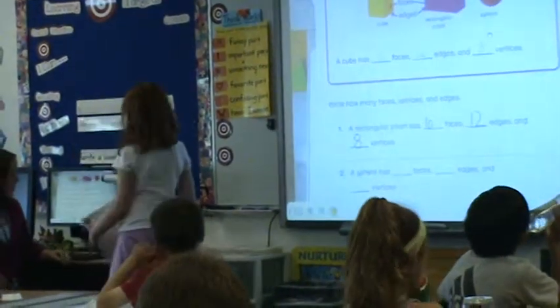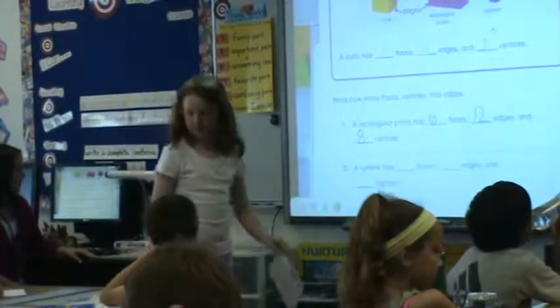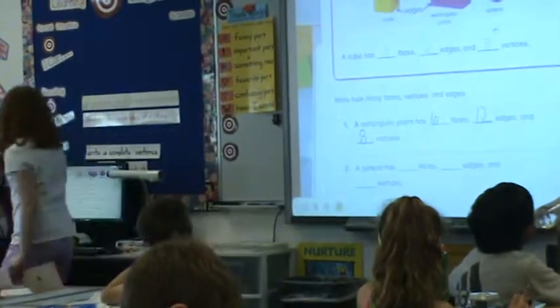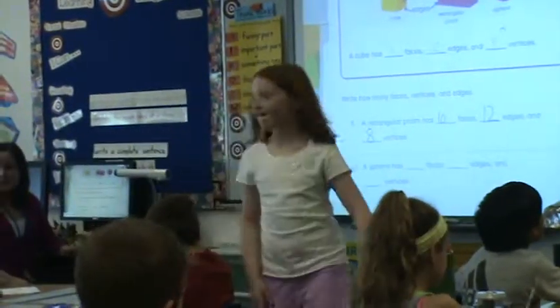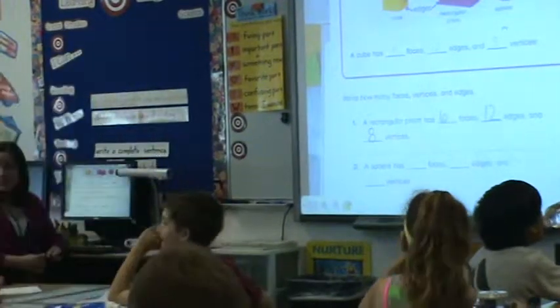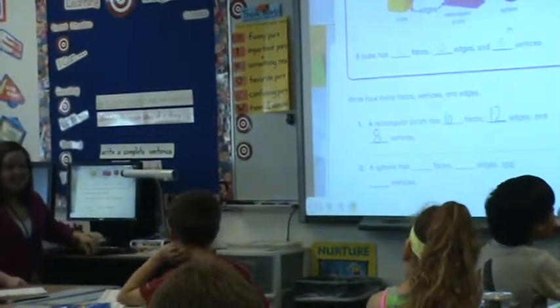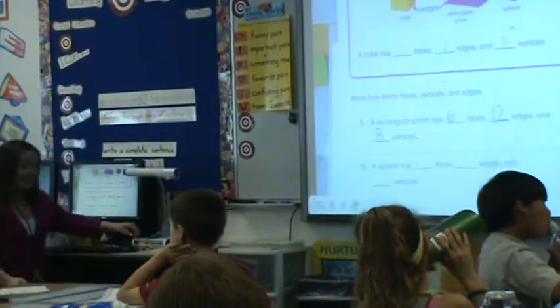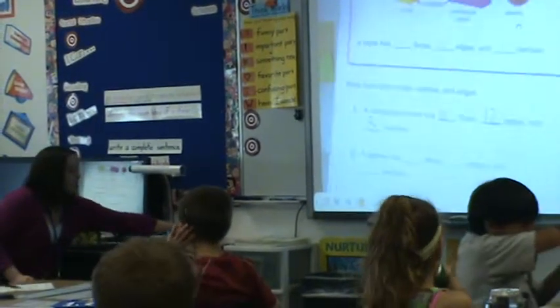All right, so she says a rectangular prism has 6 faces, 12 edges, and 8 vertices. Thank you. Does everybody agree with her? Yes. Okay. We're going to do number 2.